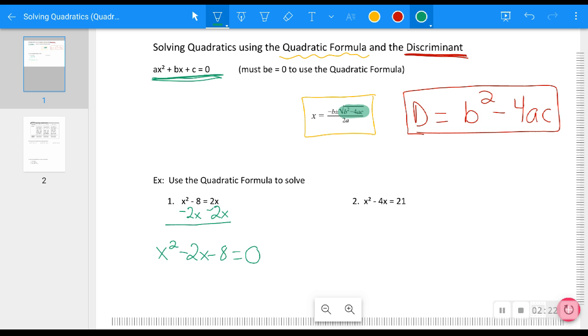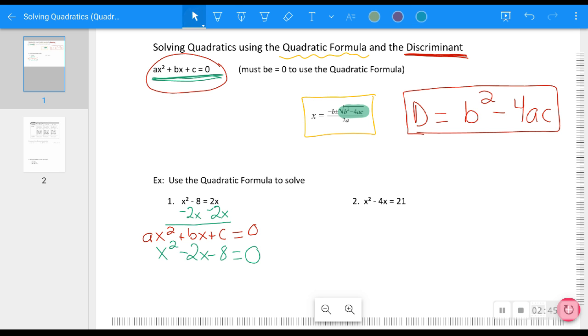Now, thinking back to this equation up here, we have to find all three constants, a, b, and c. So I'm just going to rewrite this for you as a reference: ax squared plus bx plus c equals 0.